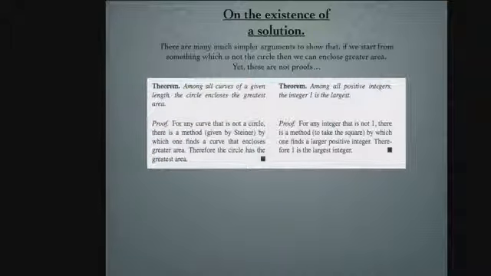Anyway, the theorem: among curves of a given length, the circle encloses the greatest area. Proof by Steiner: for any curve that is not the circle, there is a method, symmetrization, reflections, and so on, by which one finds a curve that encloses greater area. Therefore, the circle encloses the greatest area. Perron said, look, geometers don't really know logic, because in the same way I can prove that among all positive integers, the integer 1 is the largest.